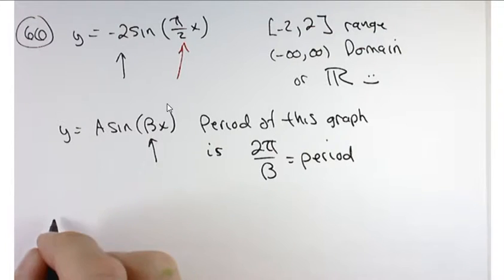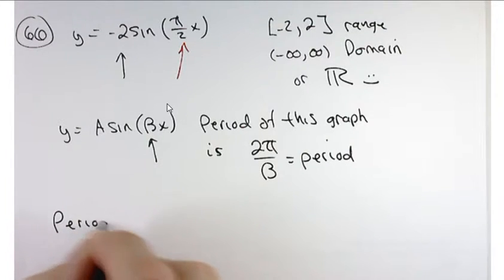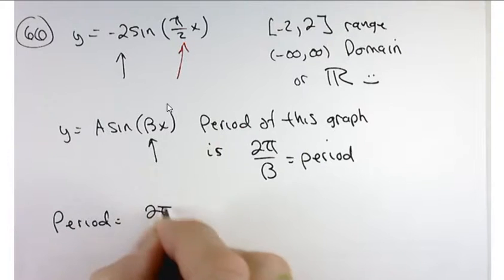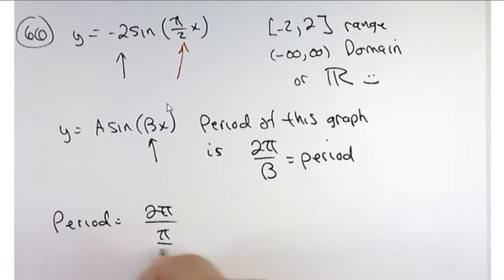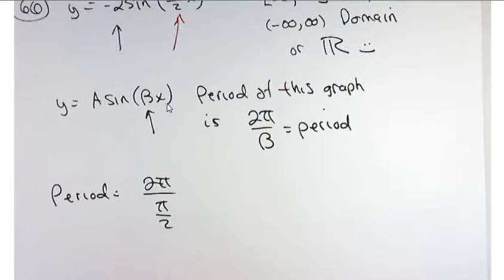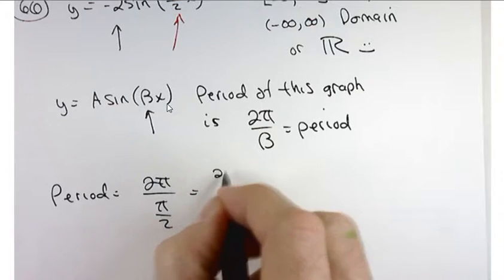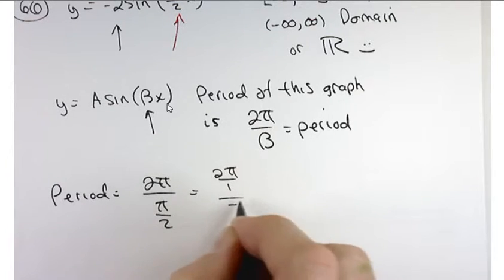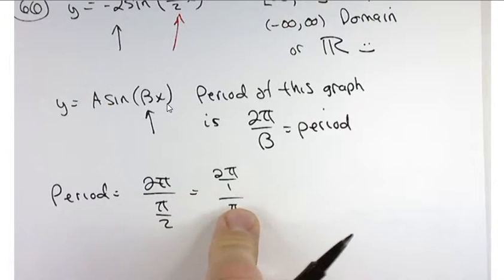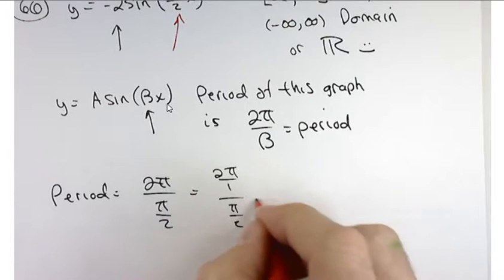So let's find out. Period is going to be 2 pi divided by pi over 2. Let's think of that as 2 pi over 1 divided by pi over 2. And I just throw in the over 1 so that I've got a pair of fractions. And when you divide fractions, what's the operation? What do you do here? Good.